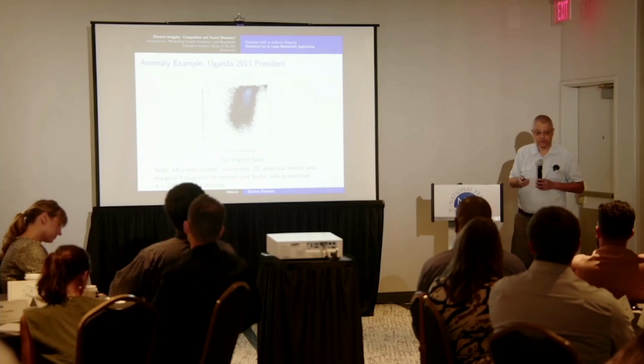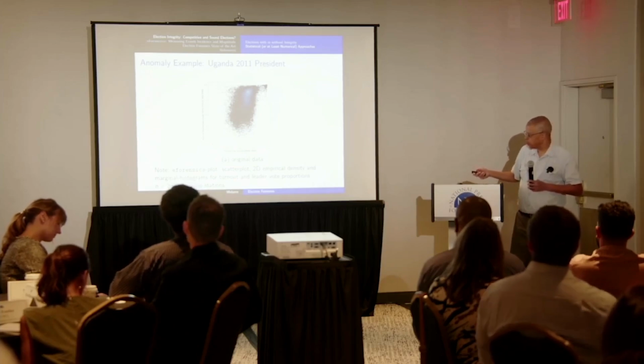And that there's not a point that's the most frequently occurring point that's a single one jointly for turnout, which is along the x-axis here, and votes for what I call the leader, the candidate who got the most votes, which is Yower in this election. And that's along this axis. These are proportions.